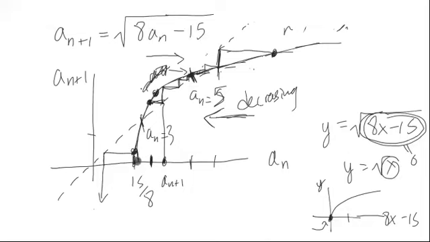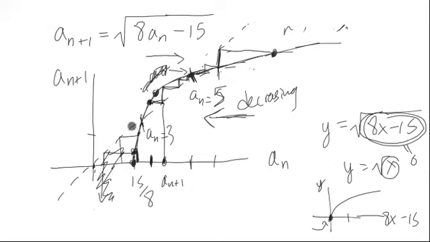So if we had an a sub n value right here, let's even think about that. Even if we started here, what would happen? If we put in 15 over 8, we would have a value of 0. And then we try to put in a value of 0, and we get something undefined. So you notice how we're not really even getting to the curve anymore, it's not defined. So that actually doesn't even work. So if we started here, went to curve, that still wouldn't work.